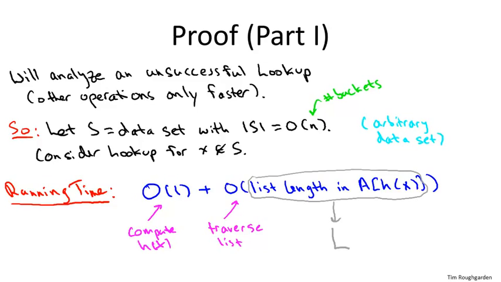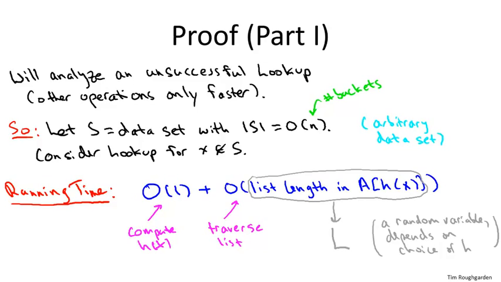For some choices of our hash function, little h, this list length might be as small as 0, but for other choices of this hash function h, this list length could be bigger. This is exactly analogous to Quicksort, where depending on the real-time decision of which random pivot element you use, you're going to get a different number of comparisons, a different running time. So the list length, and hence the time for the unsuccessful search, depends on the hash function little h, which we're choosing at random.